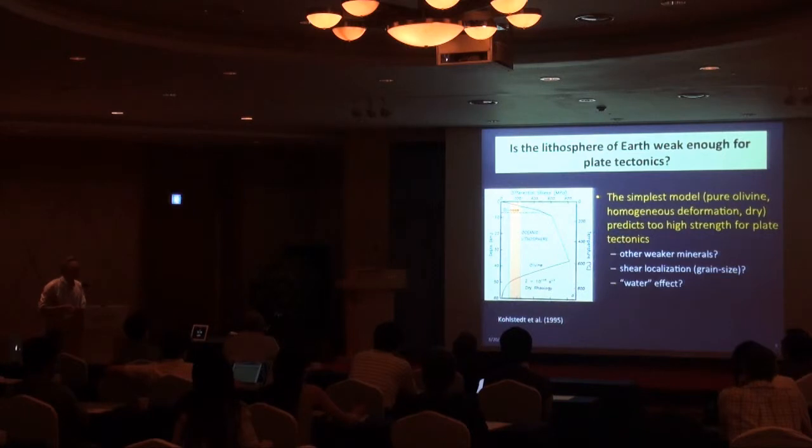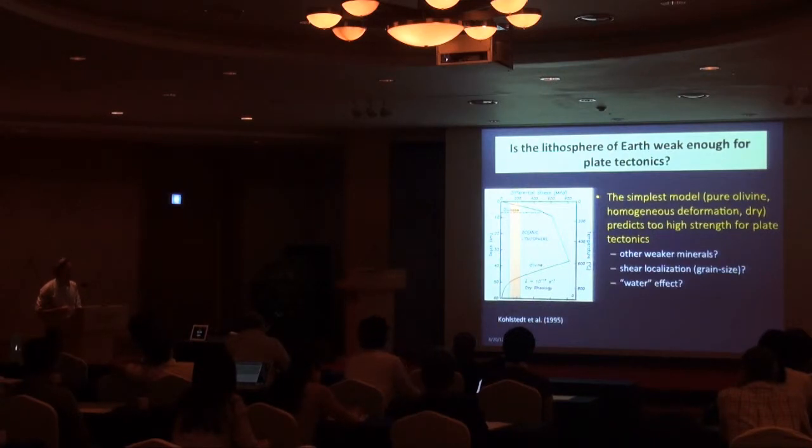As I'm going to show you, a few years ago we showed that OPX is significantly weaker than olivine under lithosphere conditions. And OPX occupies something like 20-30% of the lithosphere, which is close to the so-called percolation threshold. So if a mixture of strong and weak material has the weak one close to the percolation threshold, there is the opportunity that the weaker phase might control the overall strength.